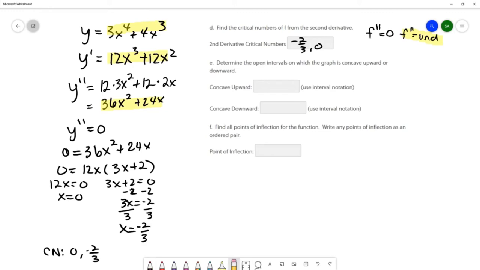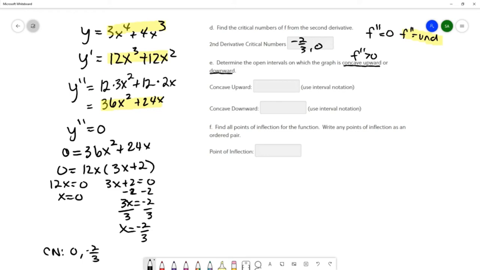And we need to find the intervals where the graph of the original function is concave up or concave down. And we can find the concavity from the second derivative. So when the second derivative is positive or greater than 0, the function is concave up at that point.